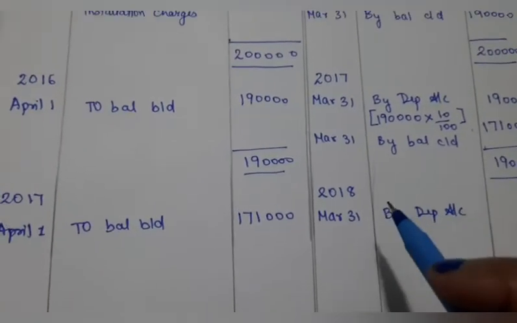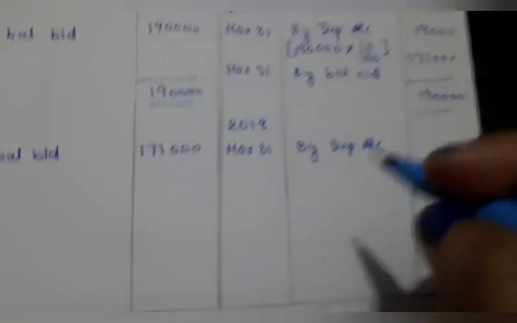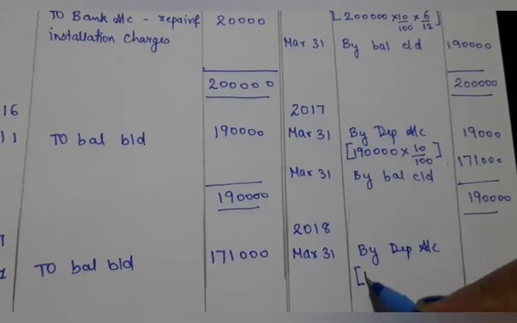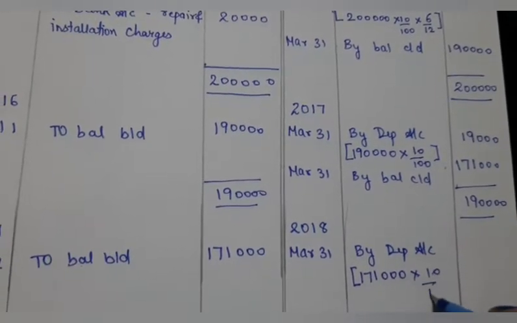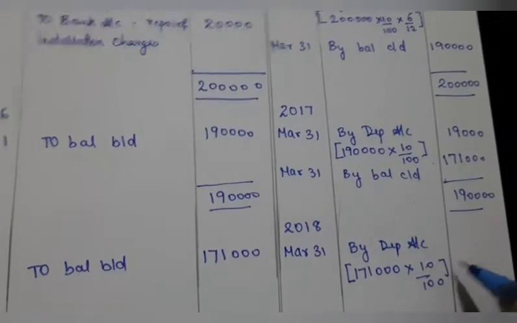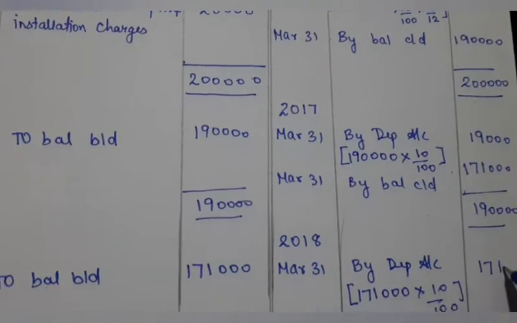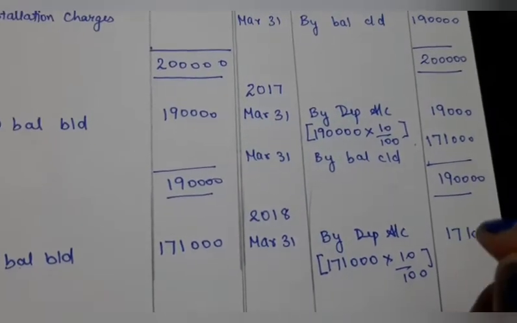So again on 2018 March 31st we will charge depreciation by depreciation account. As I told you, again on this balance 1,71,000 into 10% you will charge the depreciation. So you will get an amount of 17,100 as your depreciation.